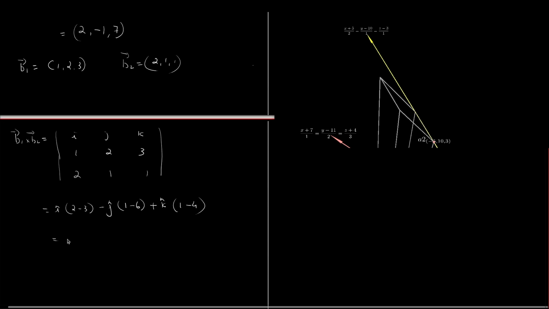So that will be minus i cap plus 5 j cap minus 3 k cap.